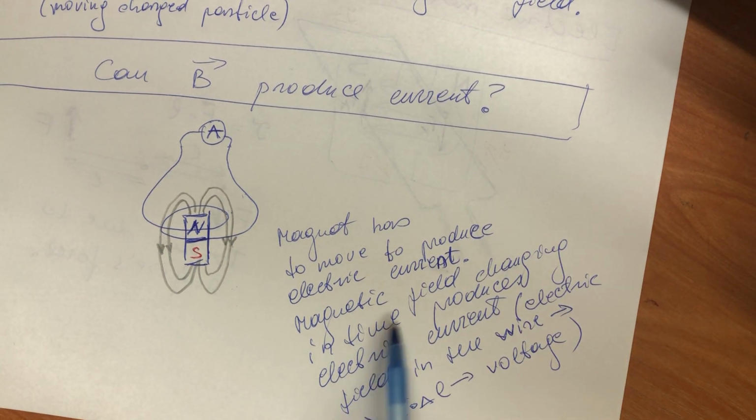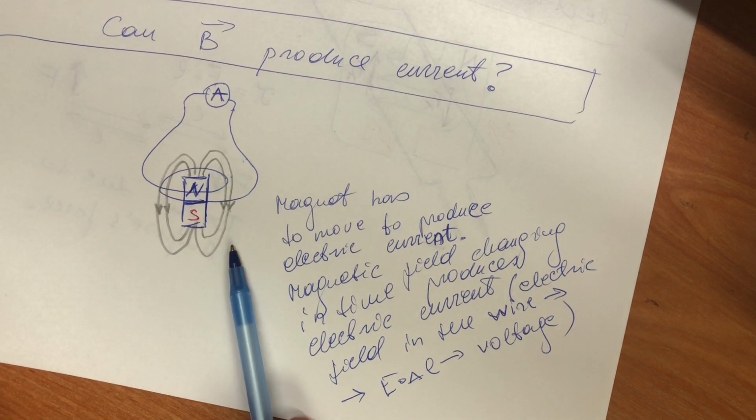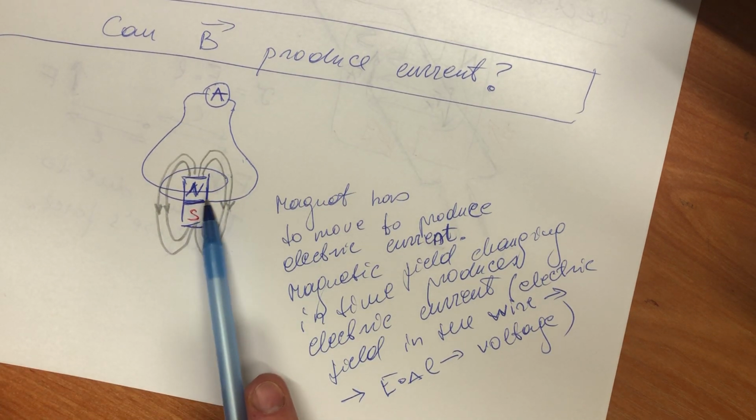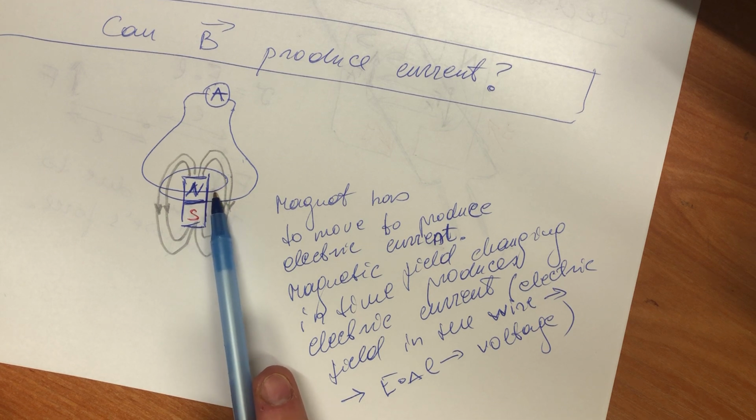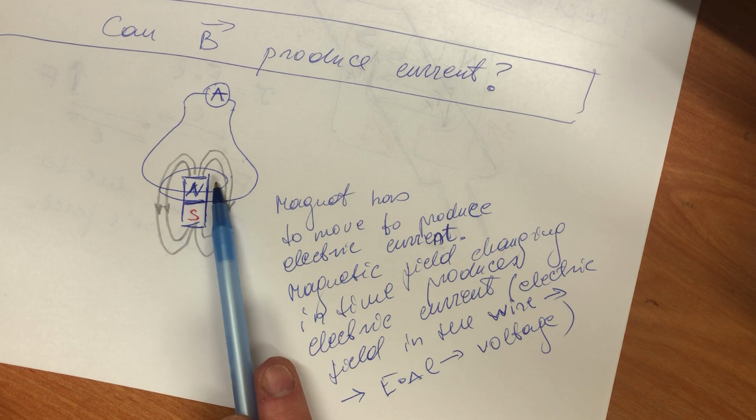So if the magnet is moving, then there is a changing magnetic field that is crossing this coil, this loop of wire, closed loop of wire.